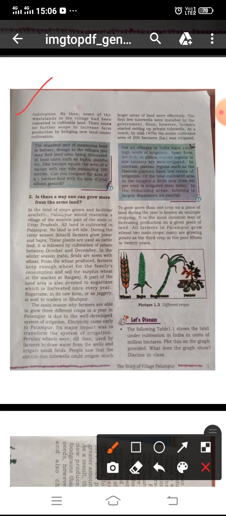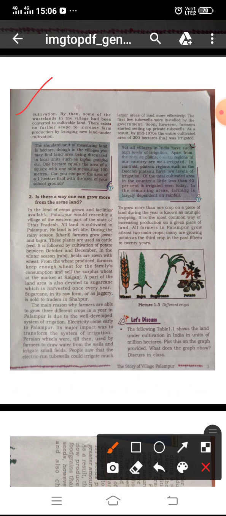Their work made them successful, and their land area increased so much. At that time also the standard unit of measurement of land was the hectare, as well as there were many small units like bigha, guntha, etc. But the hectare is the standard unit also at that time.